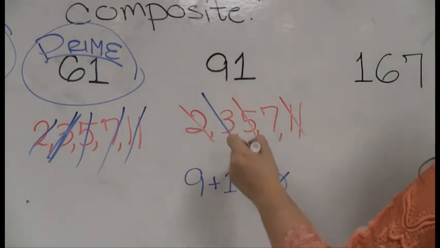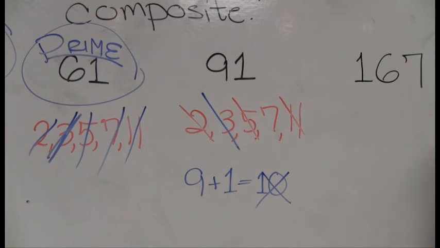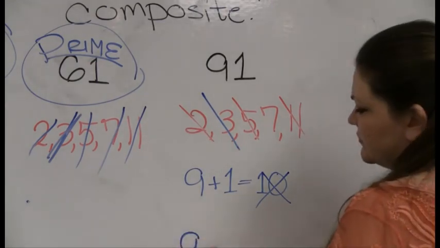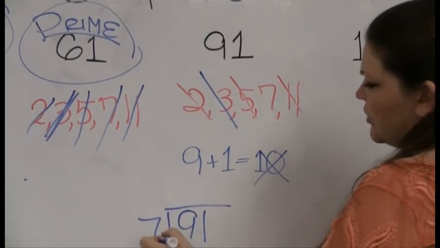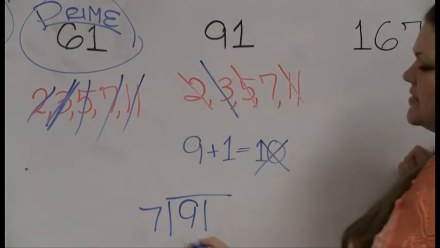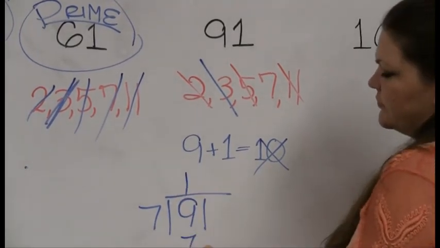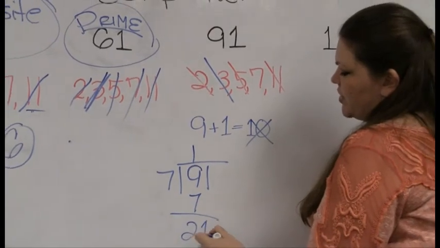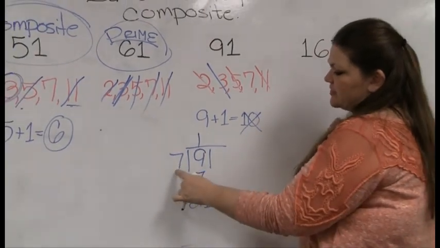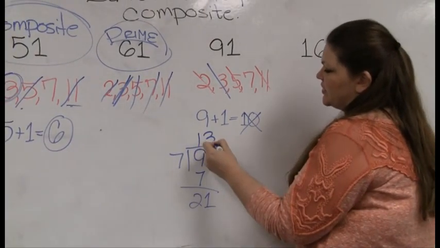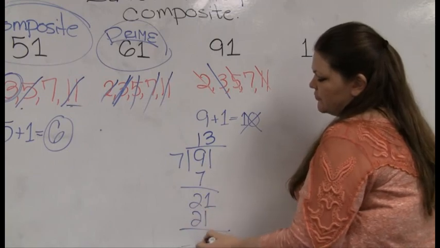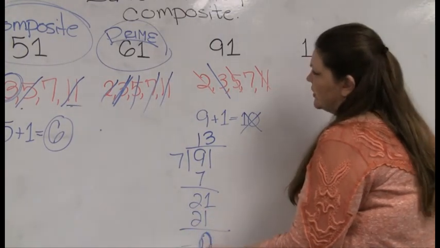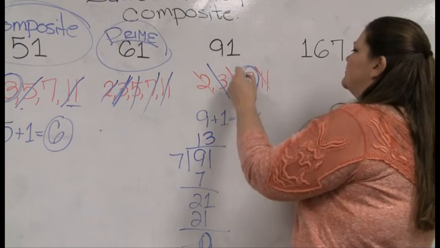And so neither does 91. Last thing to do is to divide by 7. This is a large number, so long division is actually handy. 7 goes into 9 once, with a remainder of 2, drop a 1, and you should be able to see by now, 7 goes into 21 perfectly, 3 times, with no remainder. See that? And so I found a 7.